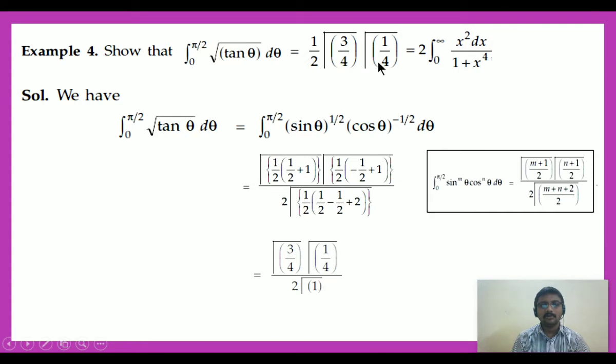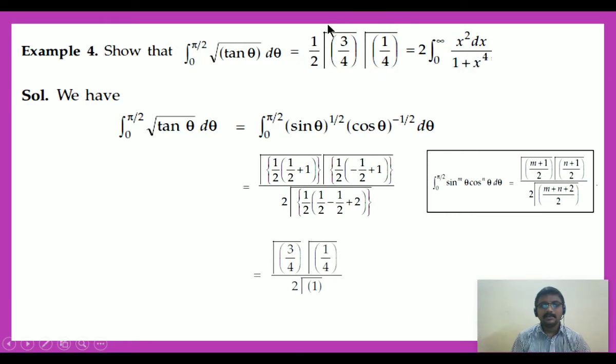Now to prove the given statement, it is enough to prove that integral 0 to pi by 2 root of tan theta d theta, or half into gamma of 3 by 4 into gamma 1 by 4, is 2 into integral of 0 to infinity x square upon 1 plus x power 4 dx.